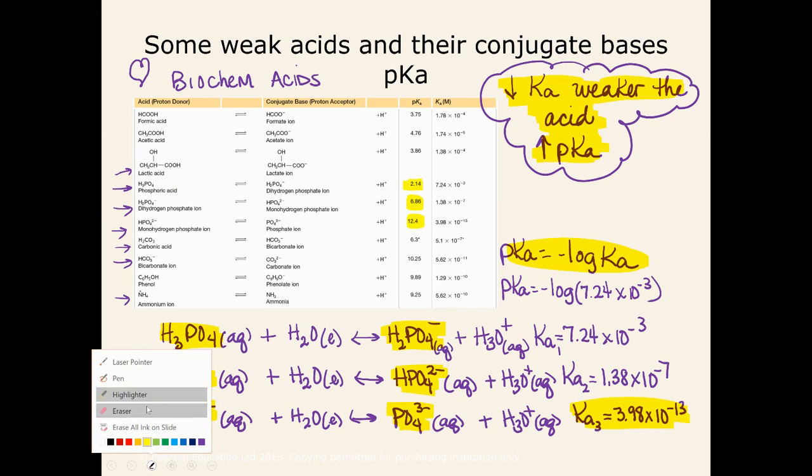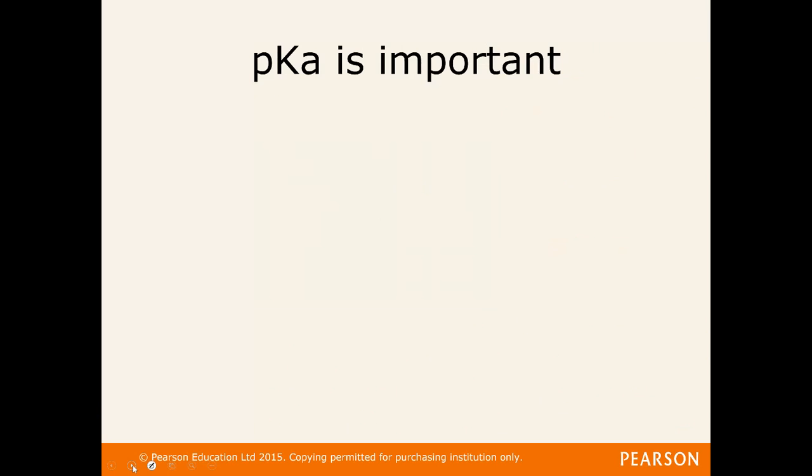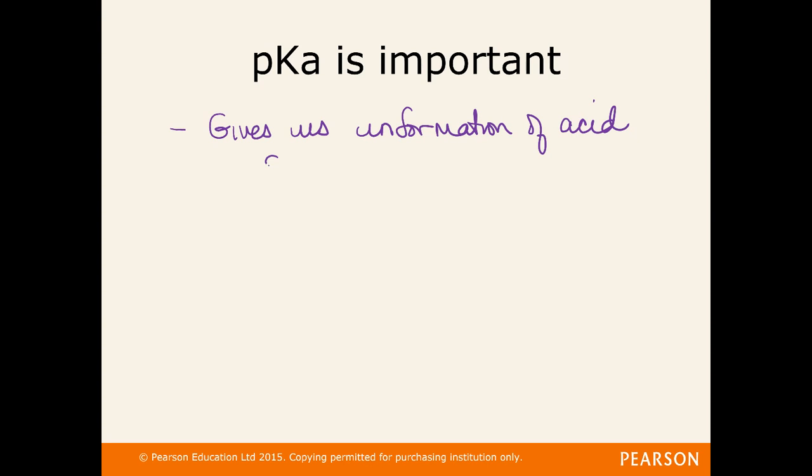Let's go to the next one. So why is pKa important? Again, it gives us information of acid strength. The smaller the Ka, the greater the pKa, the weaker the acid.